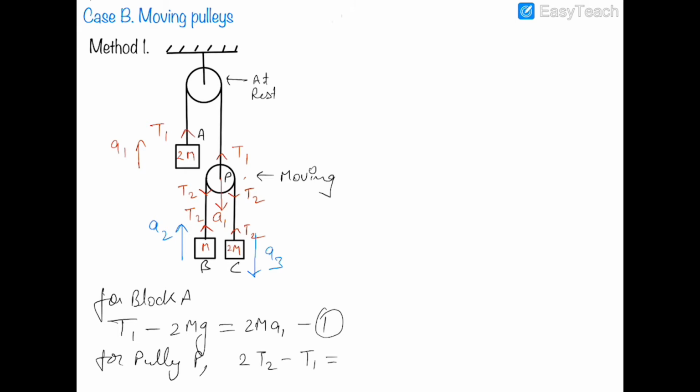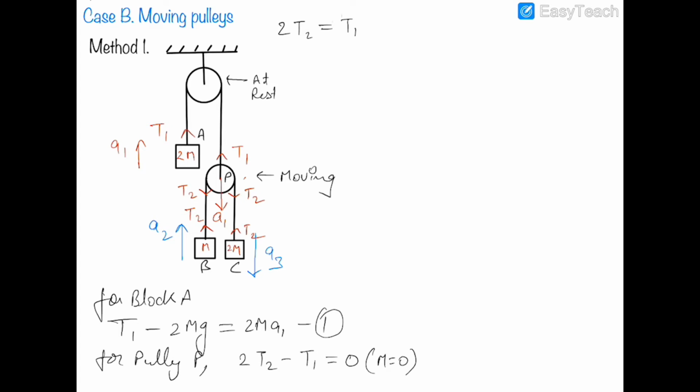Now it is very important to note that we have already assumed that the pulleys are massless and hence MA will be 0. So I can say that 2T2 will be equal to T1, and this conclusion will be used in the further problems directly.